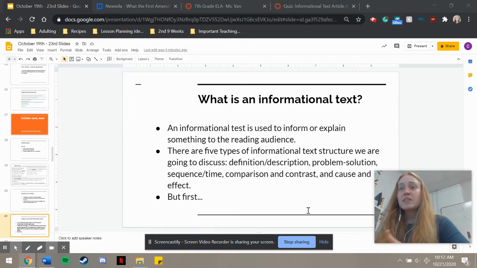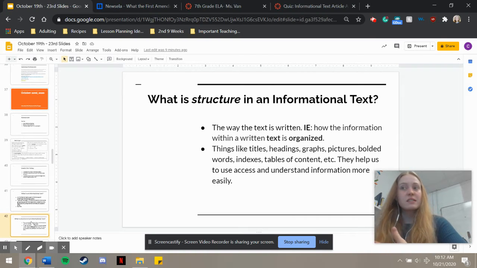There are 5 different types of text structures, which is the form or way an article is written, that we are also going to talk about today. These are definition and description informational text, problem and solution informational text, sequencing informational text, comparison and contrasting informational text, and cause and effect. First, though, what exactly is structure in an informational text?